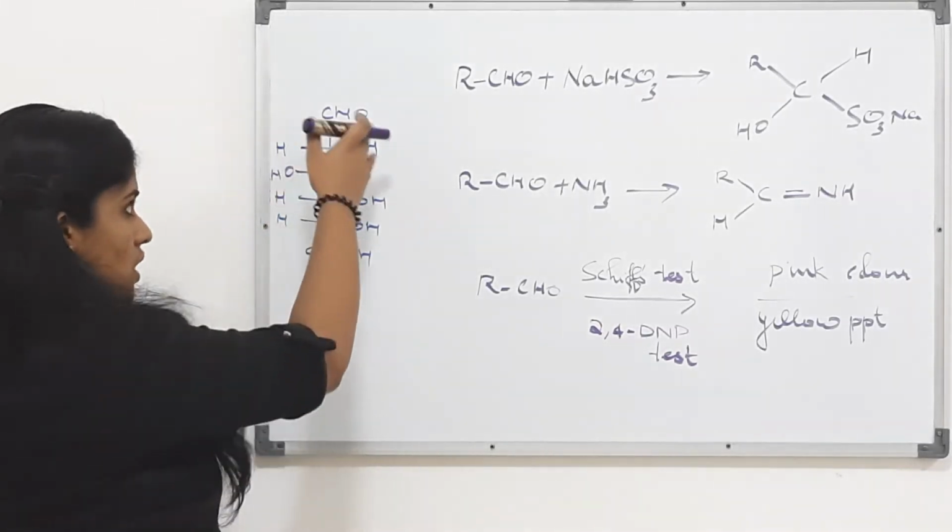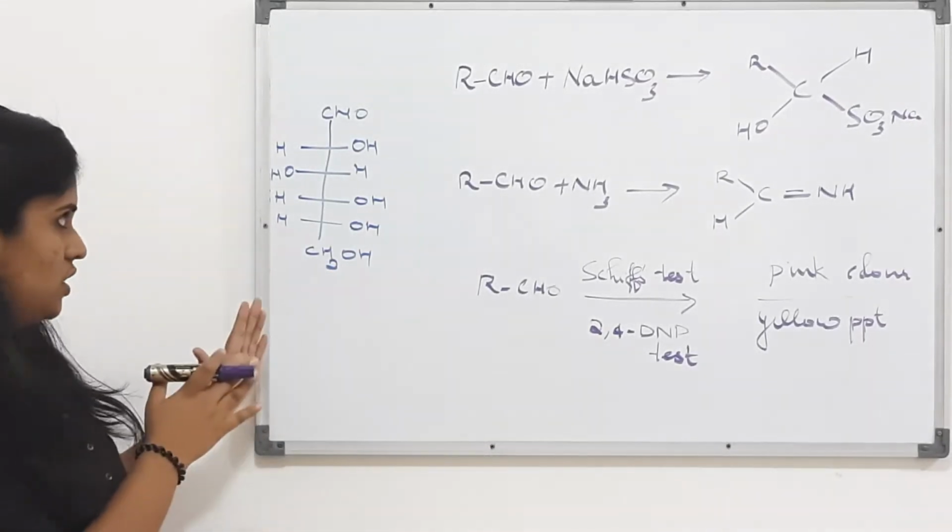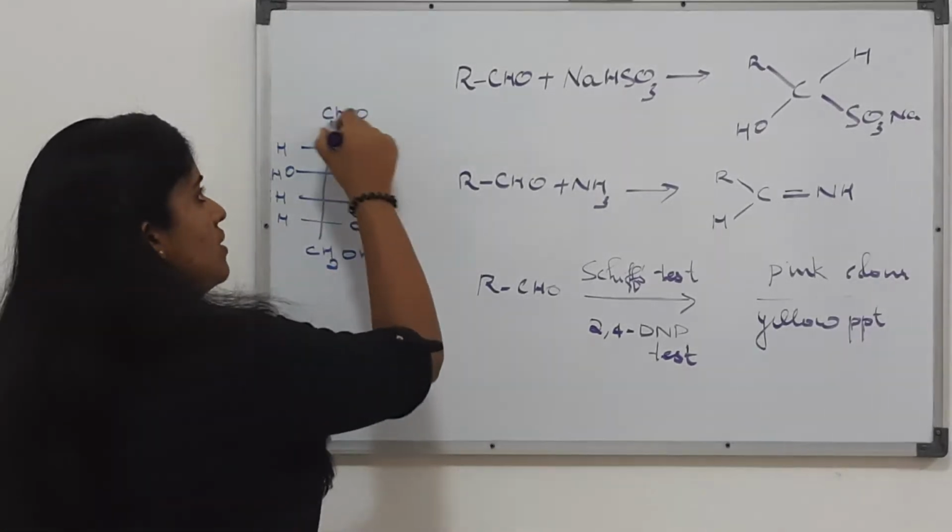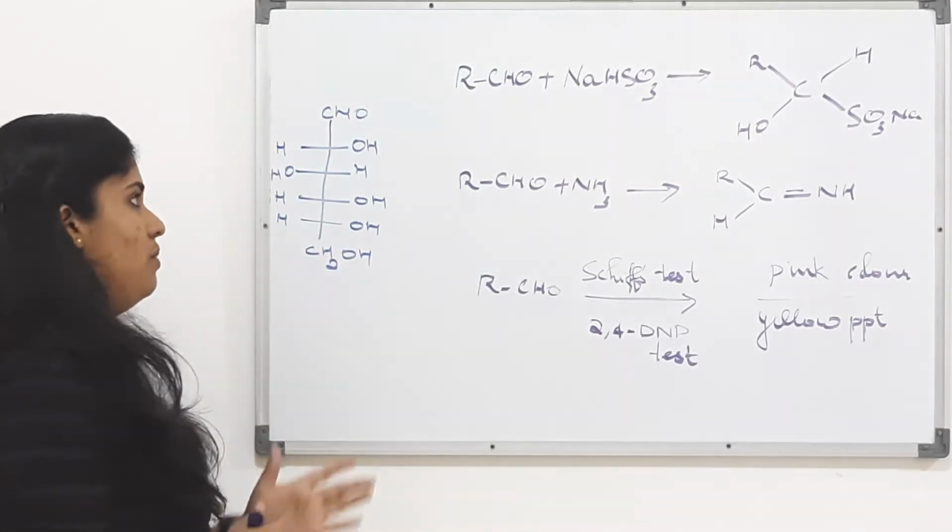So now this was the structure given to glucose, the open chain structure, and it had a free aldehyde group according to the open chain structure.